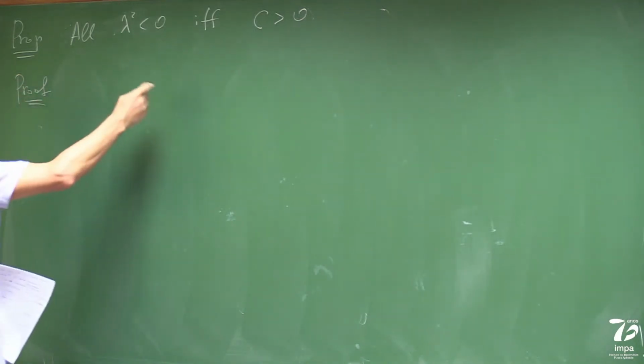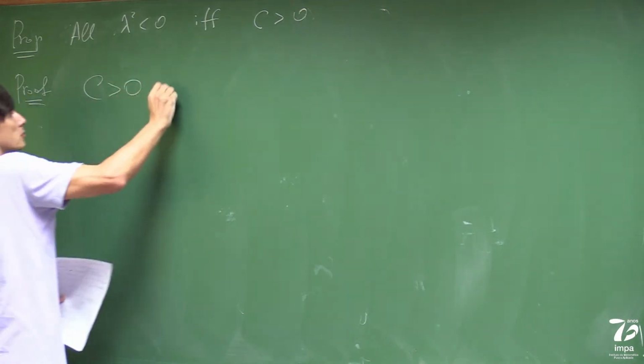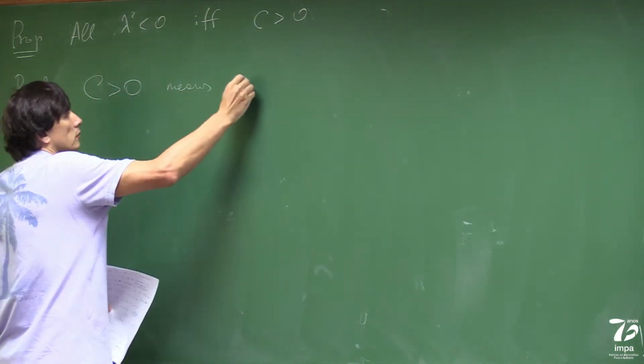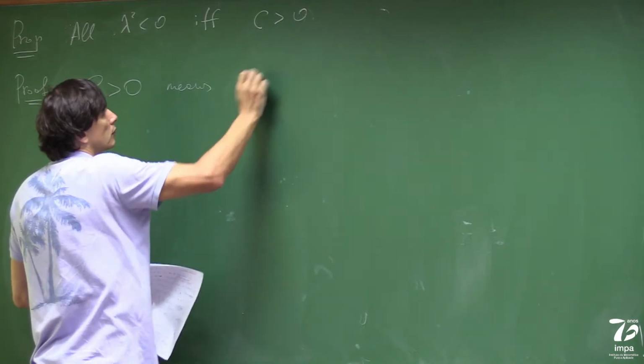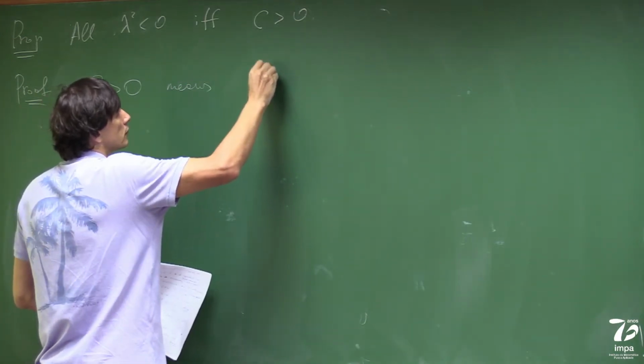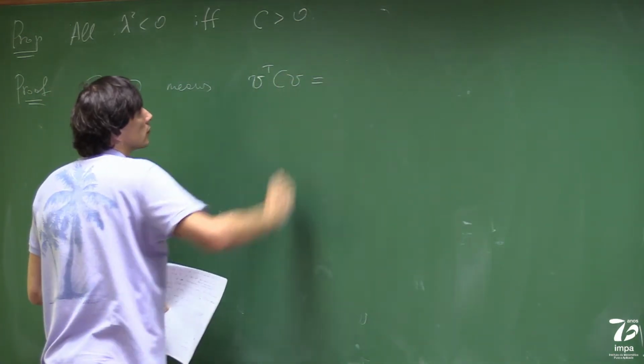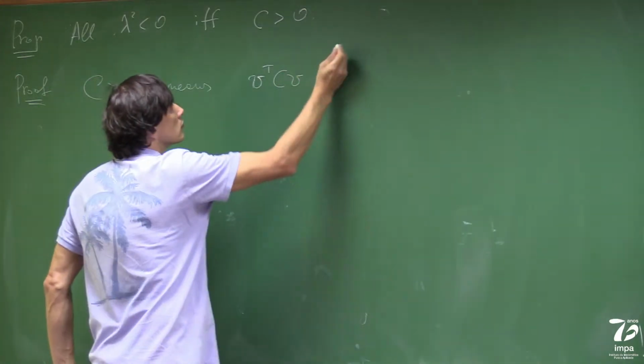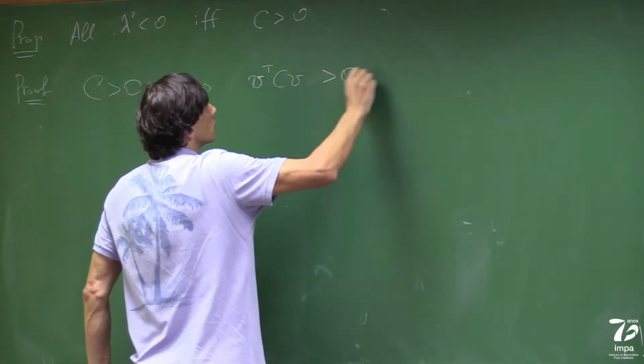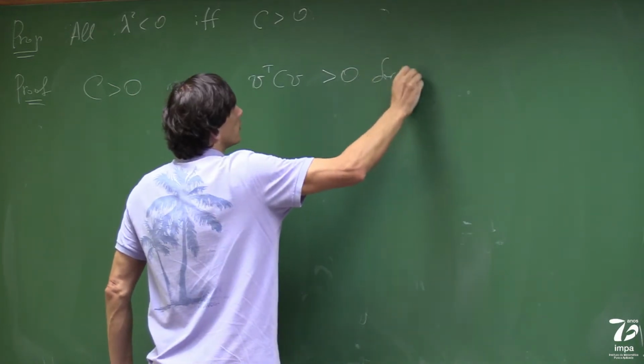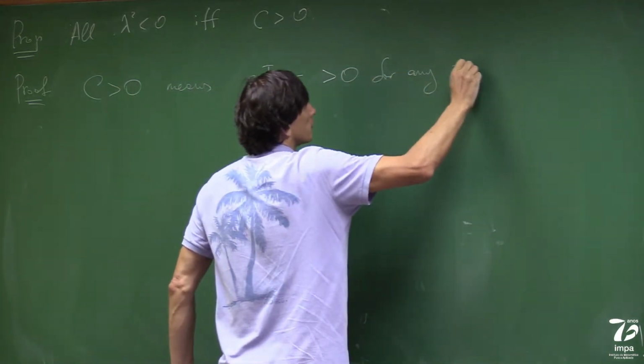So remember, C positive definite means that for any vector V, this is bigger than 0 for any vector V which is not 0.